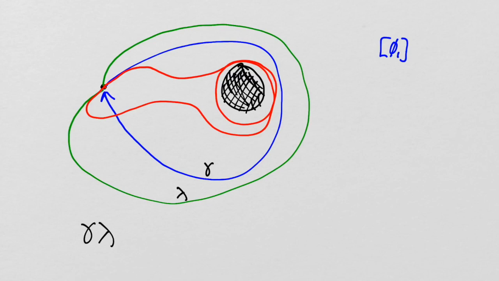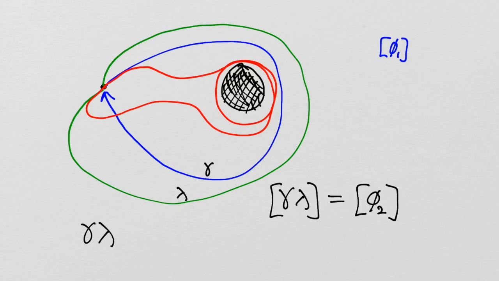And that will always hold. So the idea is I have gamma followed by lambda. Gamma followed by lambda has an equivalence class, and that equivalence class is phi 2.